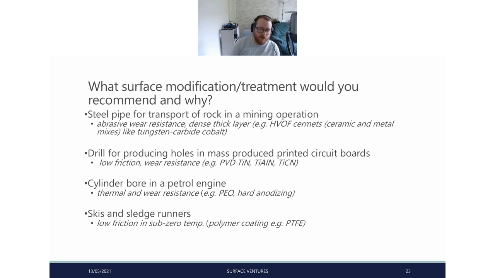So tungsten carbide cobalt is a good one. Usually fluorinated waxes are on top of the PVD and is the more hazardous component. Yes, that is true. So again, this depends on the exact preparation of the PTFE.